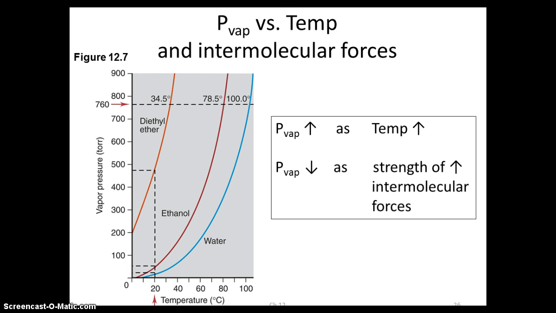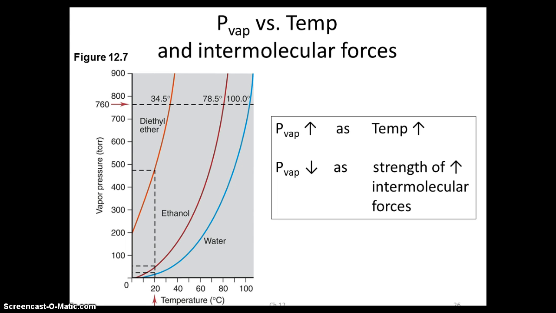So we talked a little bit about vapor pressure and how vapor pressure is the pressure exerted by the vapor on the liquid. So it's right at that gas and liquid interface. Vapor pressure increases as the temperature increases, and vapor pressure decreases as the strength of intermolecular forces increases.